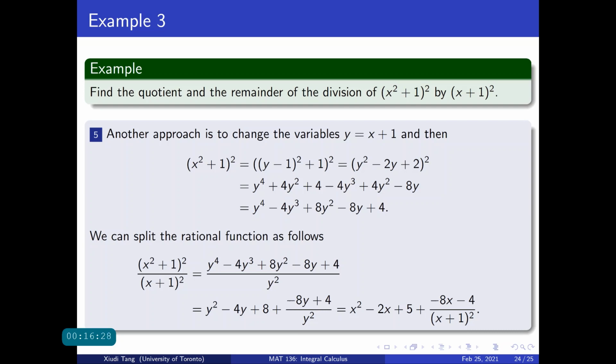So you get minus 8 divided by y plus 4 over y squared, and you can integrate term by term very easily, and then plug in y equal to x plus 1 after you integrate.